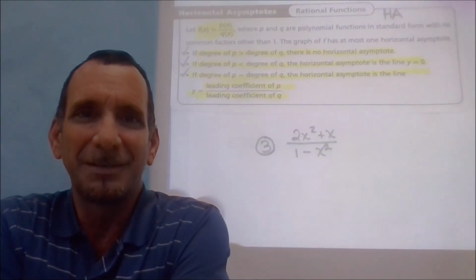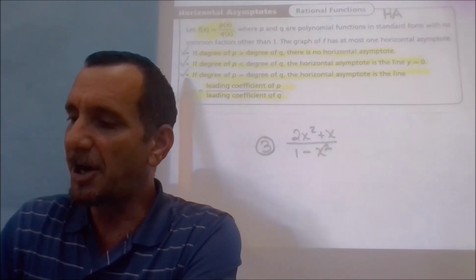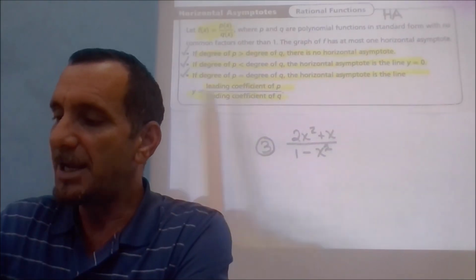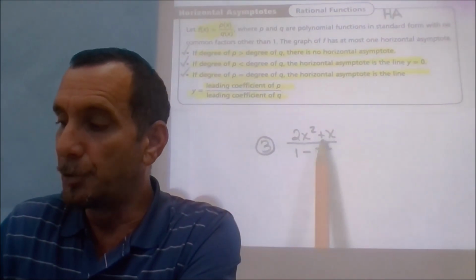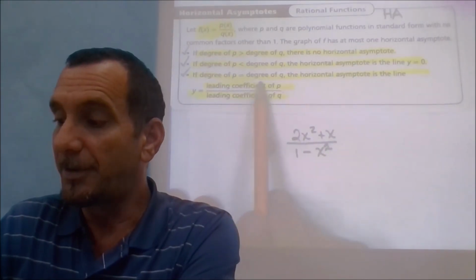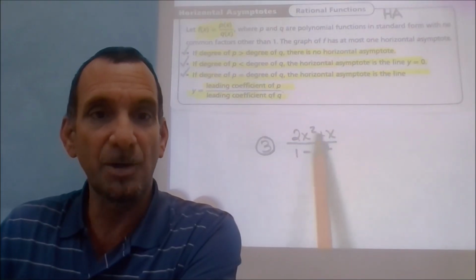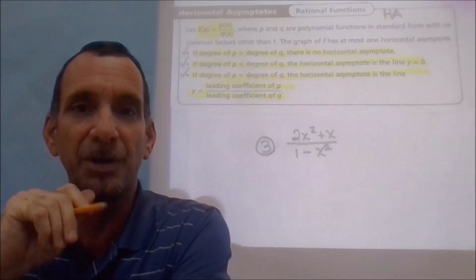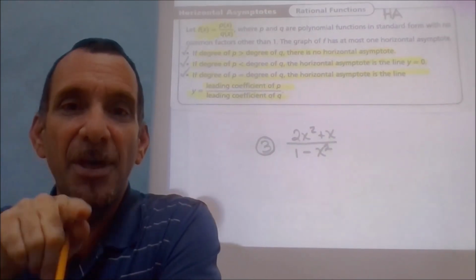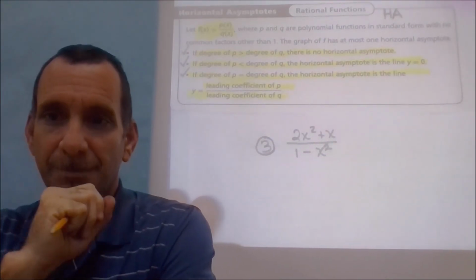Here's a fun one. This one's neat because it takes care of this last situation. What we've got is if the degree of the numerator equals the degree of the denominator, x squared and x squared, then the horizontal asymptote does exist.